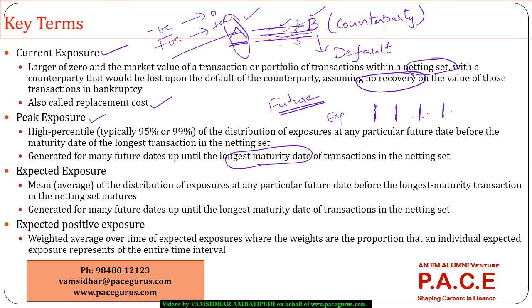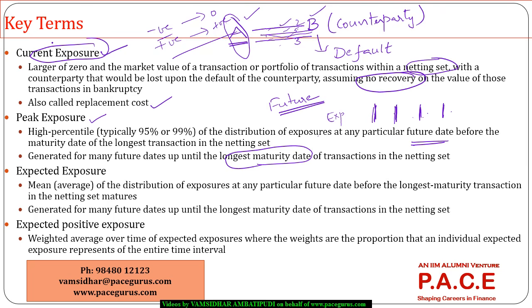I'm trying to look at the distribution of how exposure could be lying at a future date. What would be the exposure? Not of today. If the exposure is of today, we are calling it a current exposure. But I am not computing the exposure as of today. I would be computing the exposure on a future date, right?